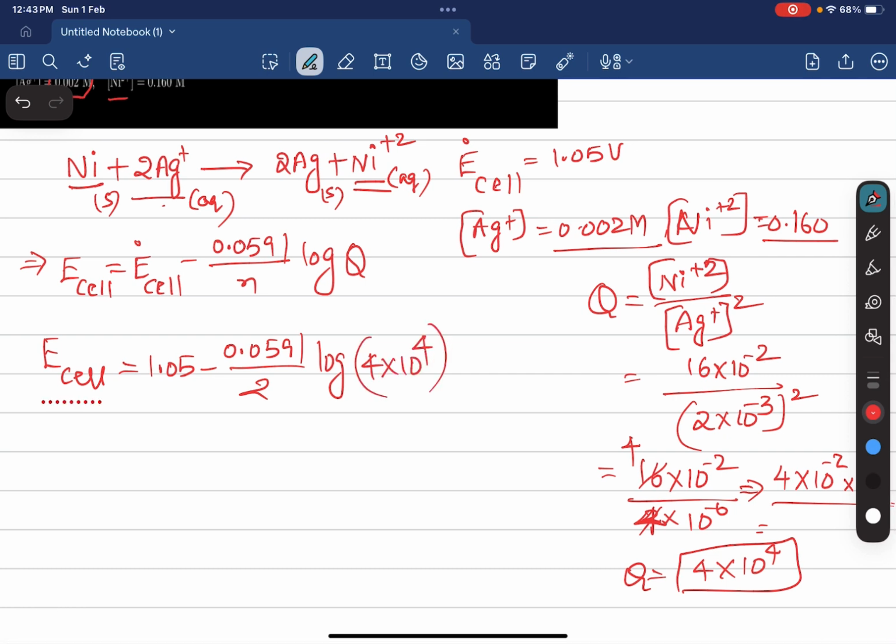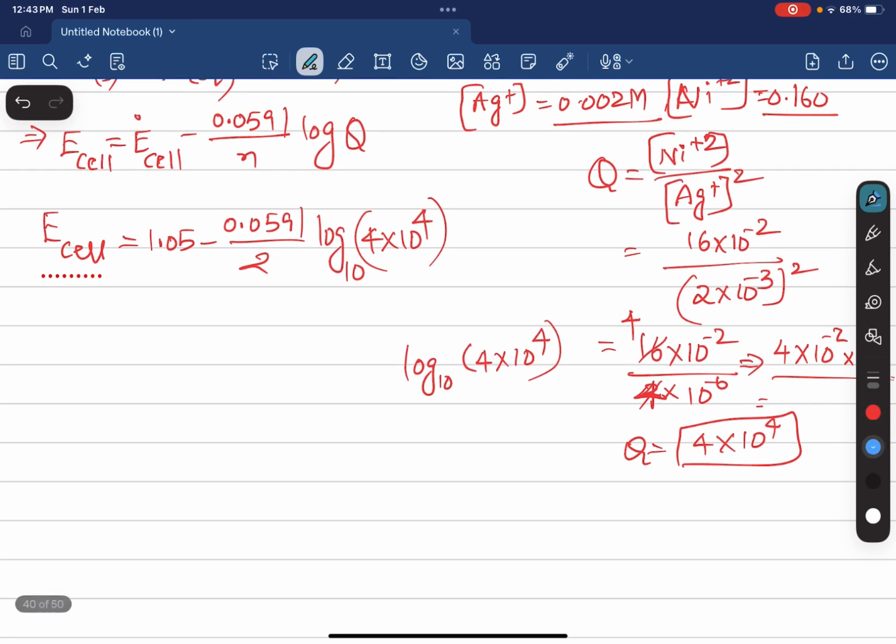So how to simplify this? Everywhere it is base 10. So log base 10 of 4 into 10 power 4 can be written as log base 10 of 4 plus 4 log base 10 of 10. Here the log base 10 of 4 value will be 0.602 plus, you are supposed to know log values from 0 to 10, 4 into log 10 base 10, which will be 1.